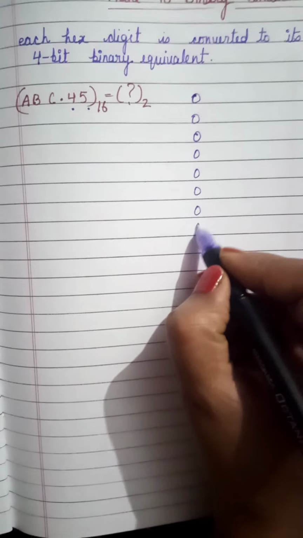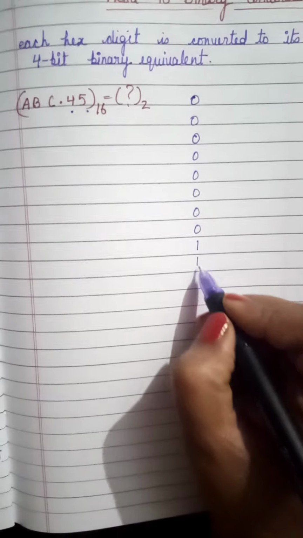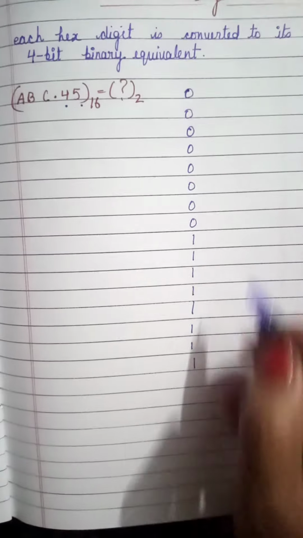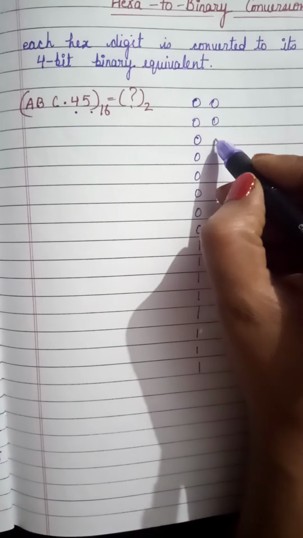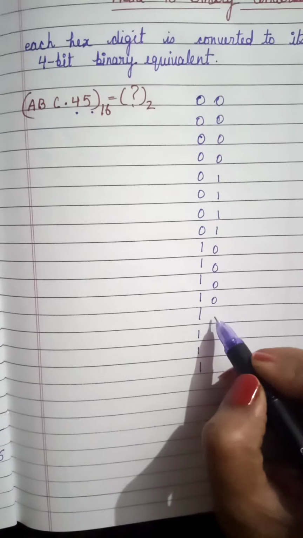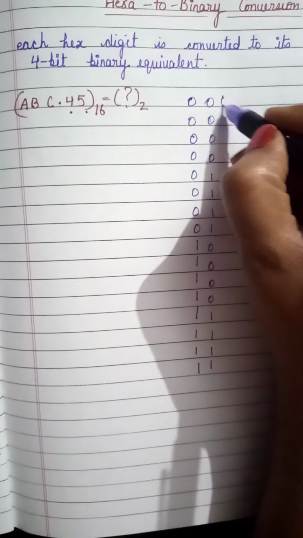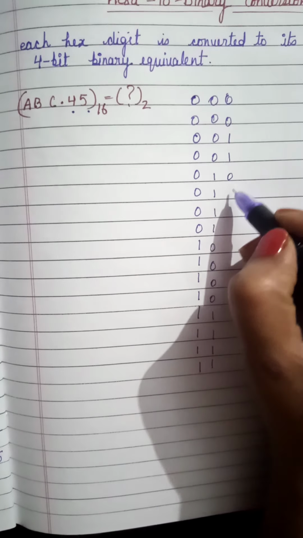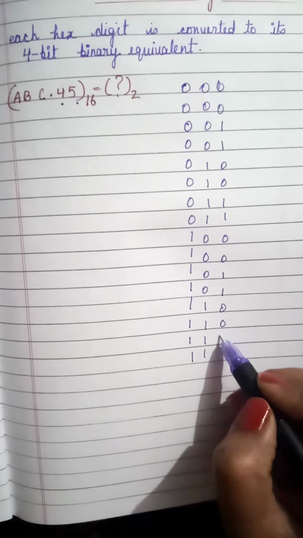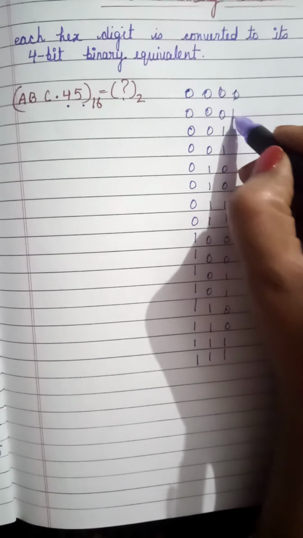Write 8 times 0, 8 times 1, then 4 times 0, 4 times 1, 4 times 0, 4 times 1, then 2 times 0, 2 times 1, 2 times 0, 2 times 0, 2 times 1, 2 times 0, then 0 1, 0 1, 0 1, and so on.